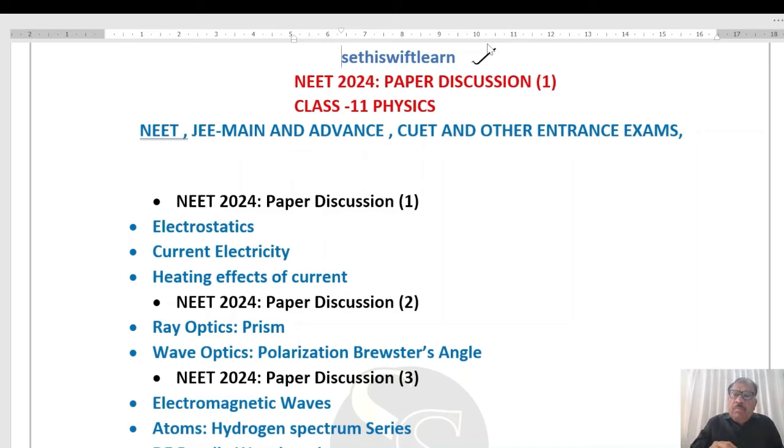In today's session, paper discussion 1 of class 11 physics of NEET 2024. Questions will be discussed along with additional information that will be very useful for the NEET exam 2025.